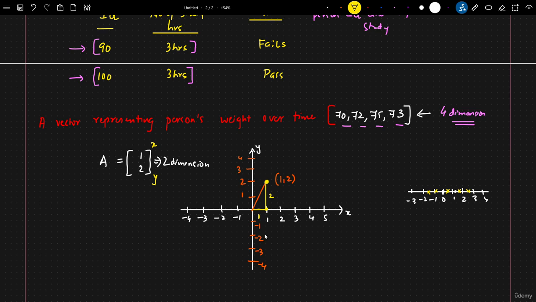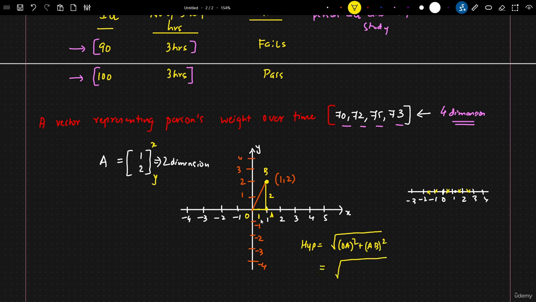According to the Pythagoras theorem, to calculate the hypotenuse, you take the adjacent sides. Let's say this is my OAB triangle. It is nothing but OA square plus AB square. This is how you calculate the hypotenuse.